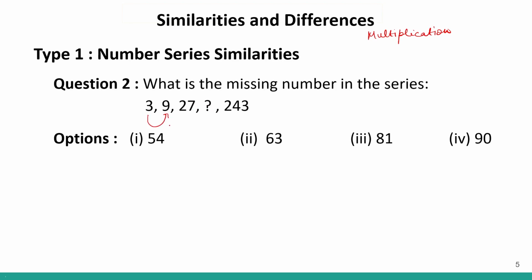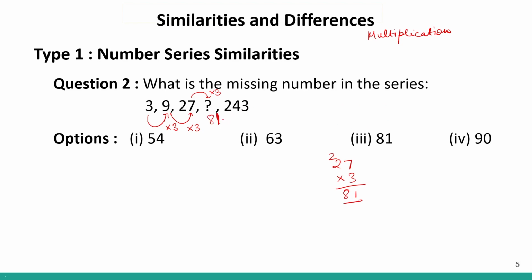From 3 to 9 is multiplication by 3. Similarly, from 9 to 27 is multiplication by 3. So we have to multiply 27 by 3 to obtain the next missing element. If we multiply 27 by 3, we'll get 81.